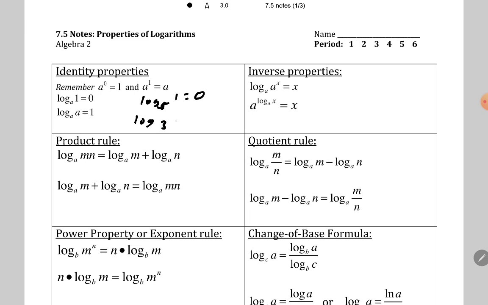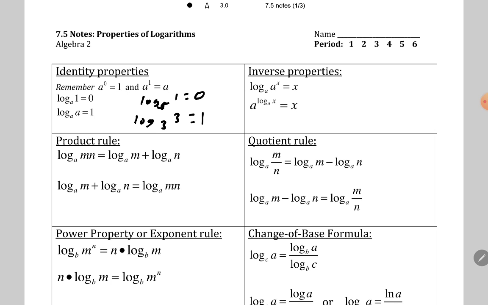Log base 3 of 3 equals 1, sorry, because it's asking 3 to what power is 3, and that's 1. So whenever you have log base b of b, or log base a of a, they'll cancel each other out, and you're left with 1.